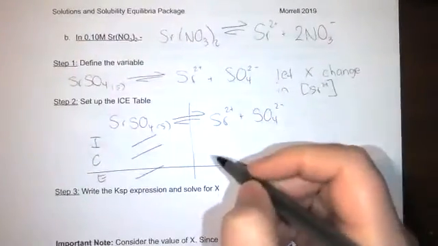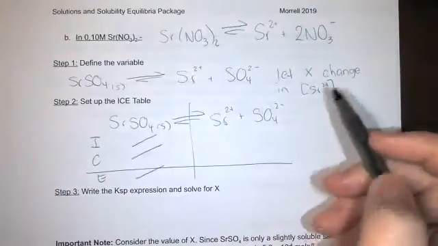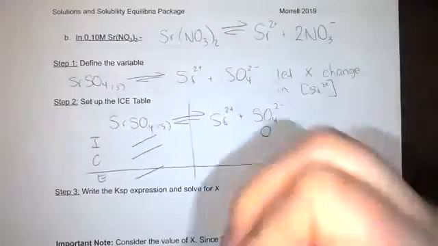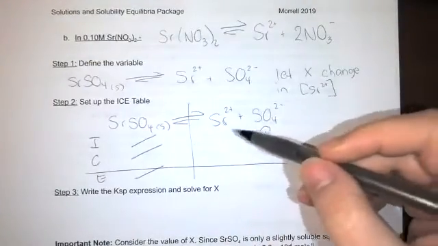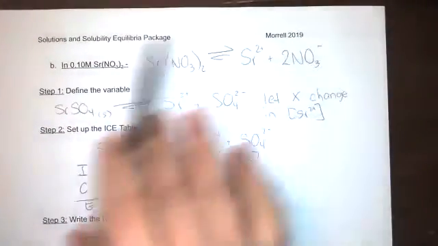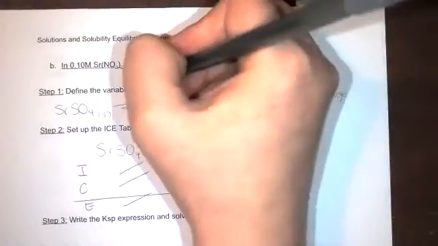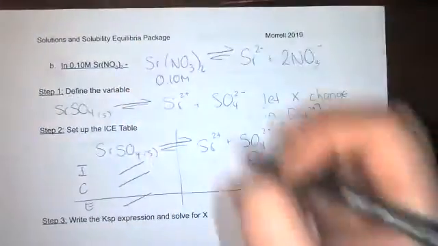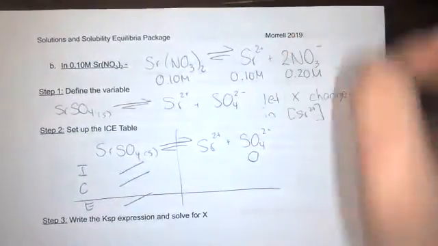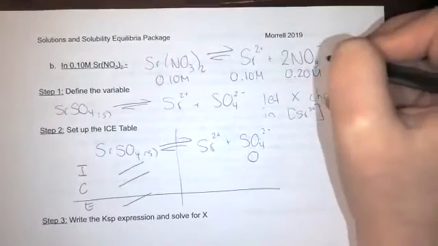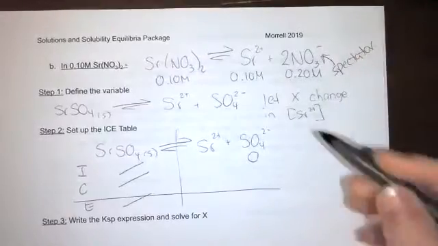So to start with, let's say even before adding our strontium sulfate, before it's dissociated, we have absolutely no sulfate ions in solution, but we do have an amount of strontium. And the strontium is coming from our already dissociated strontium nitrate solution. So if I have 0.1 molar, this means I have 0.1 molar strontium ions and 0.2 molar nitrate. Now my nitrate is a spectator. It is not involved in anything else I'm doing.